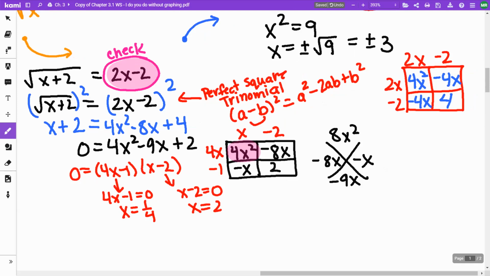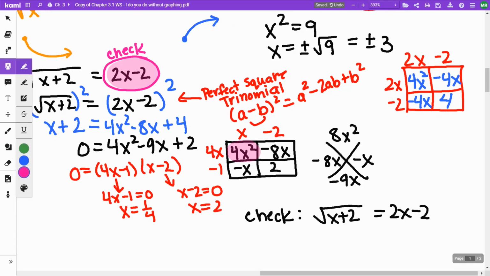Now I need to check. Okay, and let me just rewrite this. Remember, check the original, where I was checking is this right here. And I really need to check 2 things. Number 1, will this be a positive when I put in a 1/4?